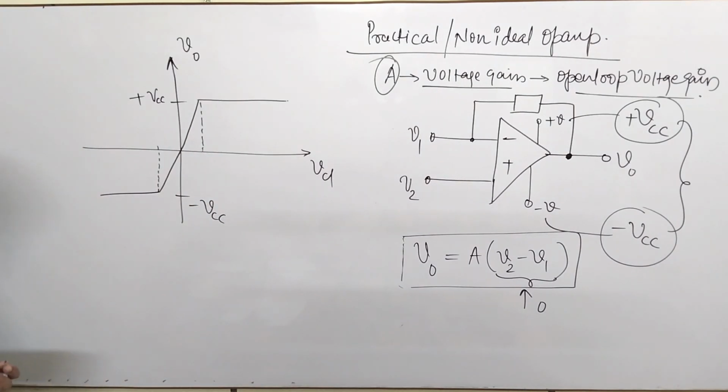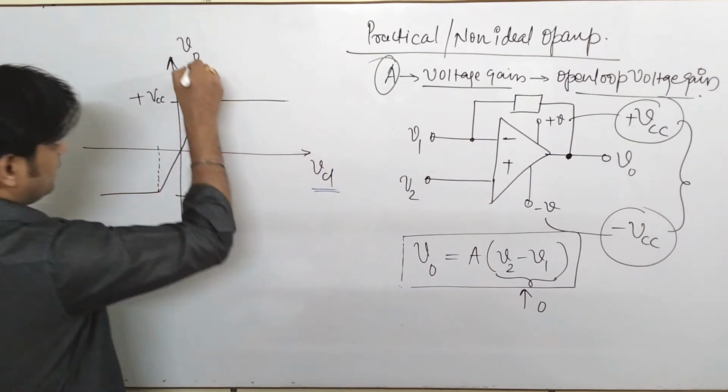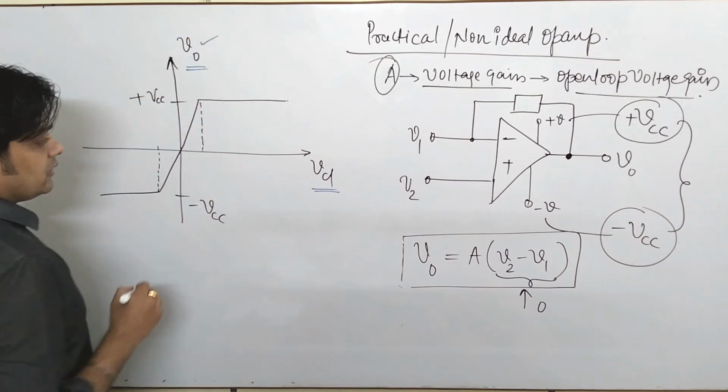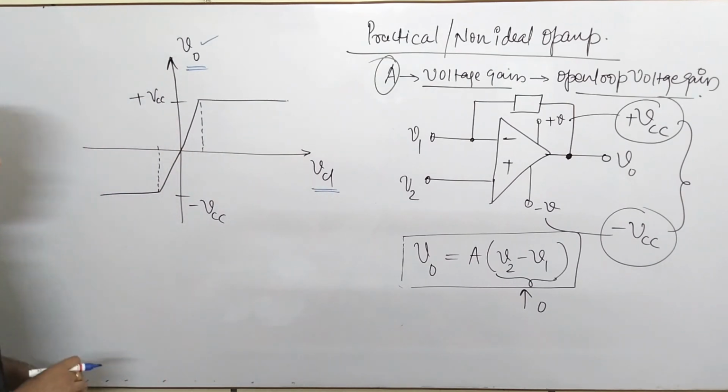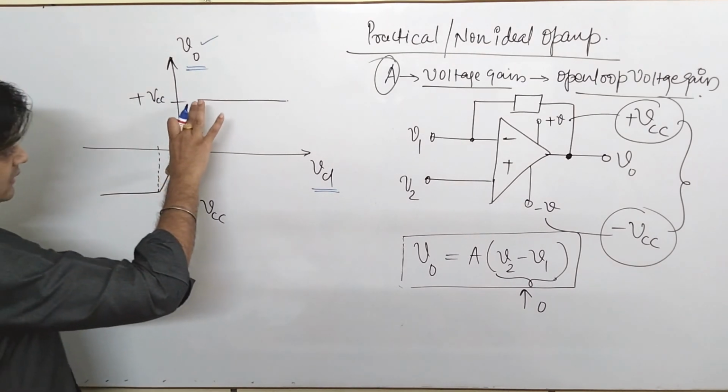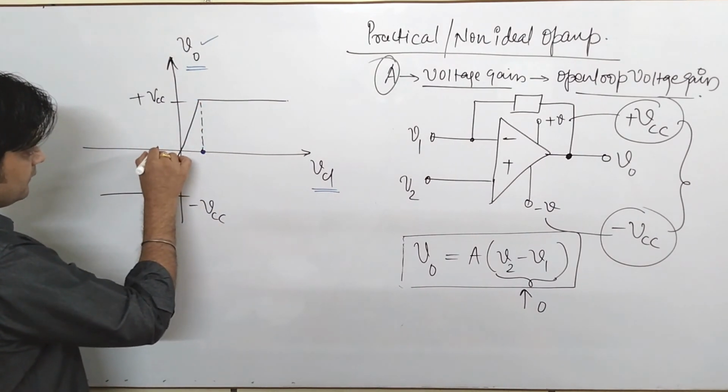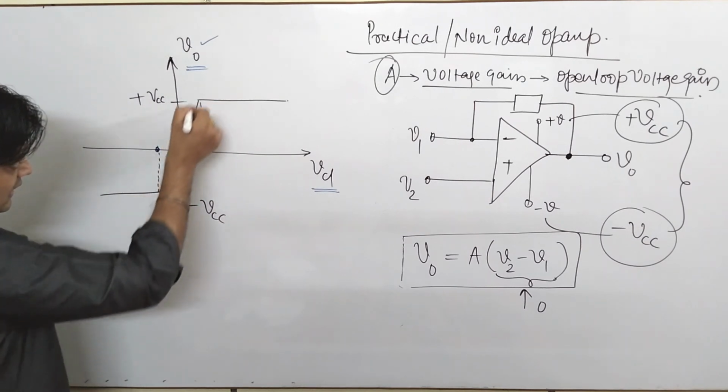If I draw this graph now, please try to understand. This is a graph between VD and V0. V0 is your output voltage. VD is your differential voltage, that is, the difference of the voltage applied at the input of an op-amp. This is basically the characteristic of a practical op-amp, in which we find one region, from here to here, in which you will find a linear property.